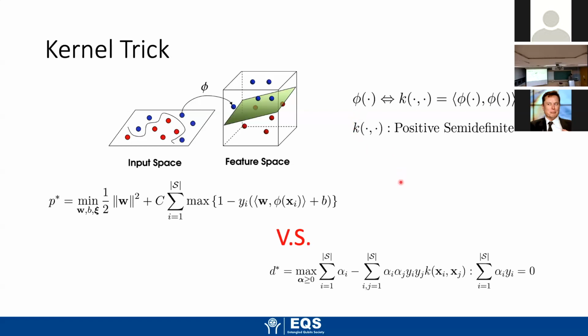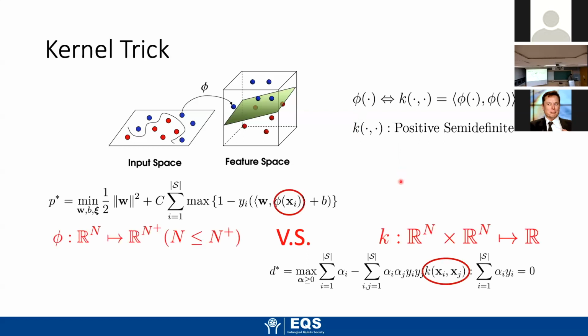So which one would be easier to solve? Obviously the lower one, because a kernel is just a function from n-dimensional space, and a feature map is a function from n-dimensional space to a higher dimension.